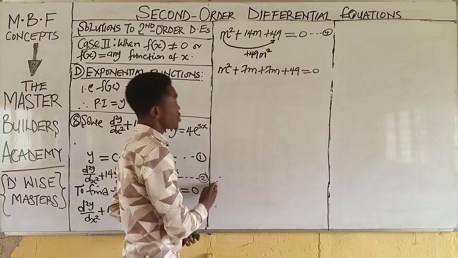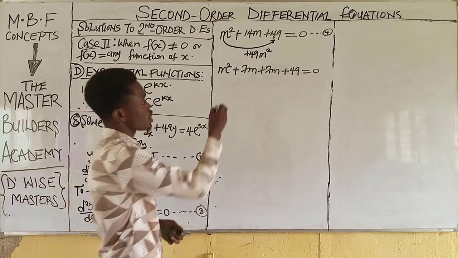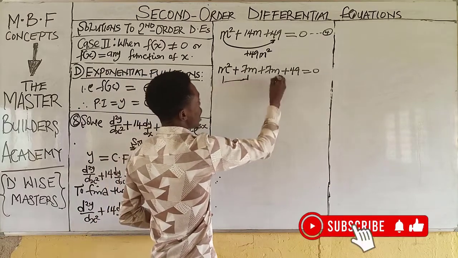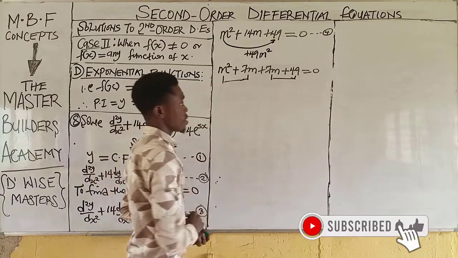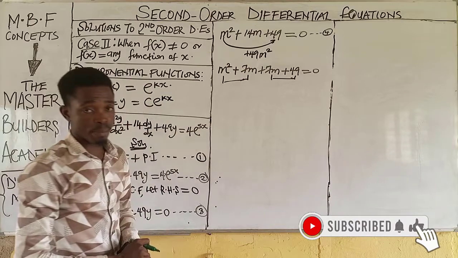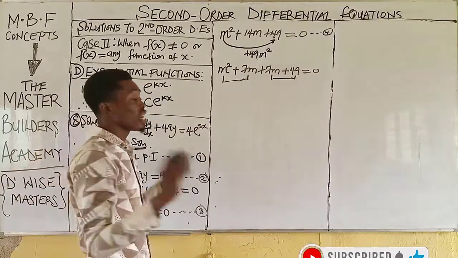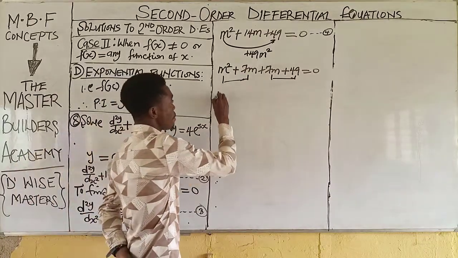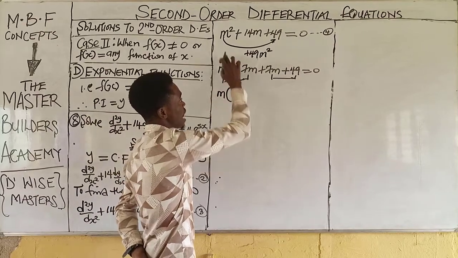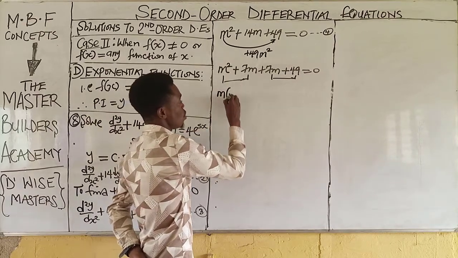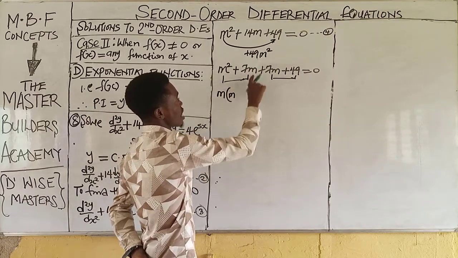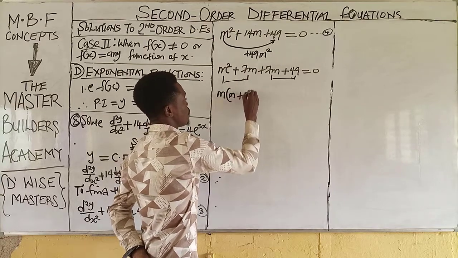Now, at this point, all we simply need to do is to group the first two terms and equally group the last two terms. Between the first two terms, what is common? Only m. So you put down m, then open a bracket. m² divided by m, we have m, plus 7m divided by m, we just have plus 7.